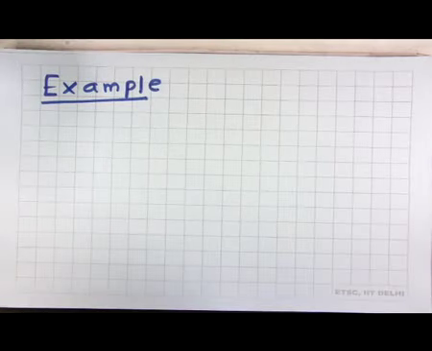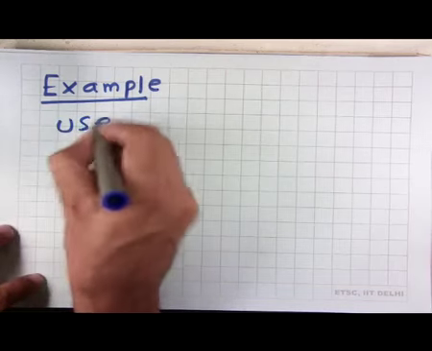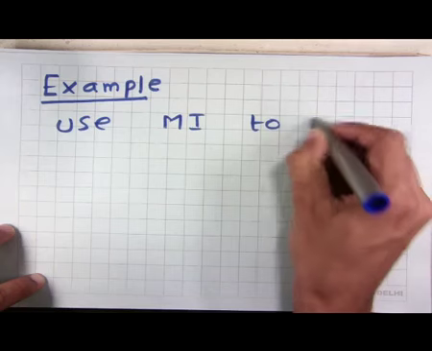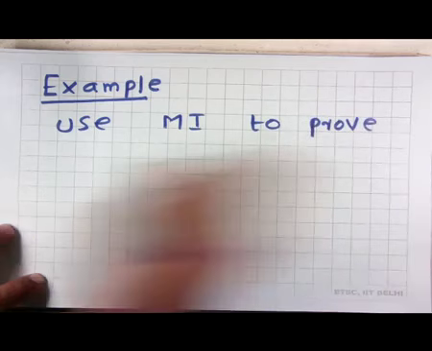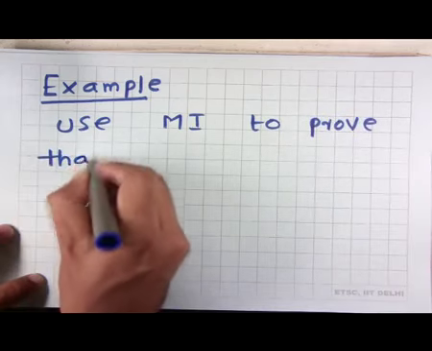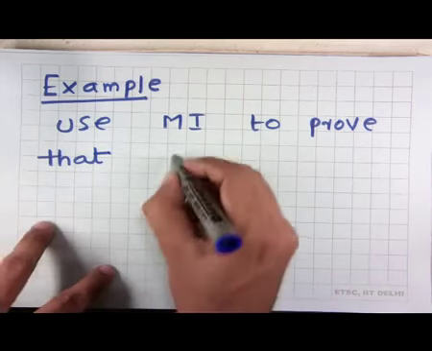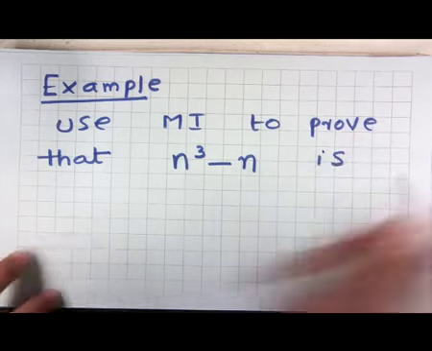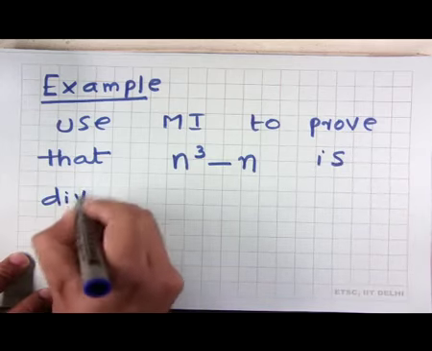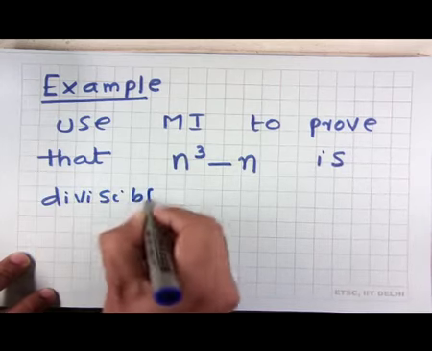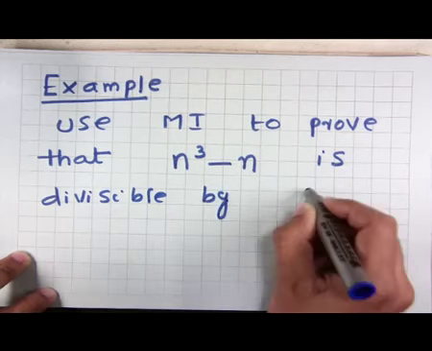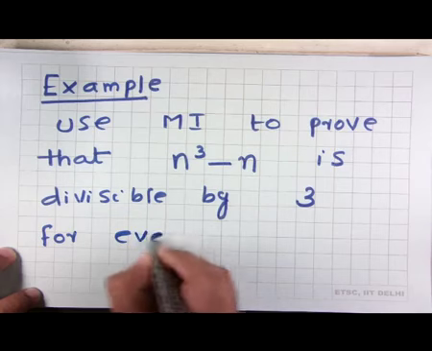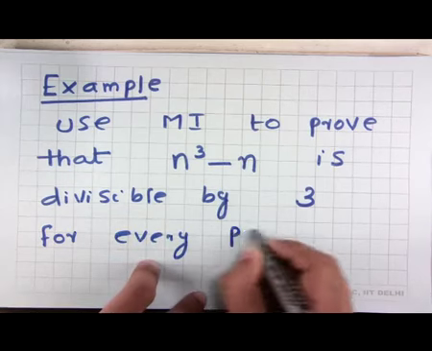Use mathematical induction to prove that n cube minus n is divisible by 3 for every positive integer n.